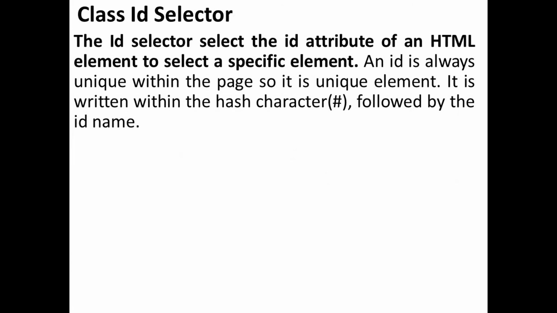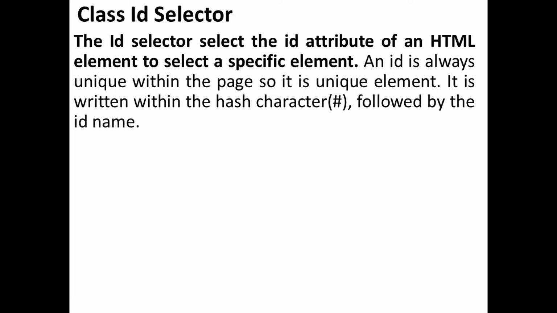The next important part is the class and ID selector. Let's see what an ID basically is. An ID means a unique part in the web page. The ID selector selects the ID attribute of an HTML element.